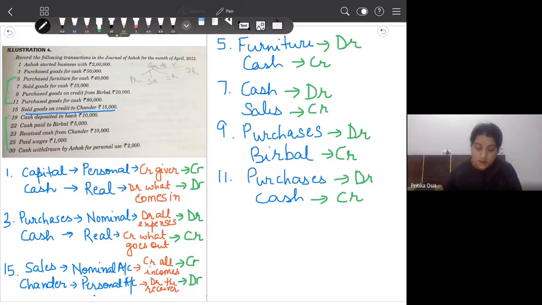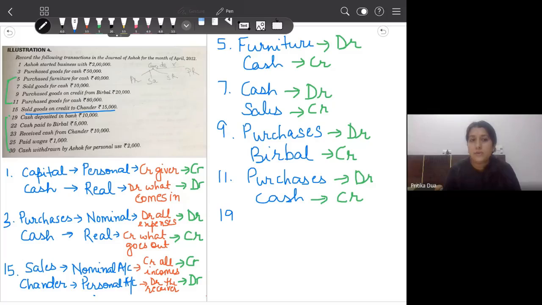Okay, thank you. Next, 15th we have discussed already. Karthik, entry for 19th. Karthik: Bank account debited to cash account. Okay, so class, please understand this entry. You are taking out business cash from the business and you are depositing that amount in the bank account.